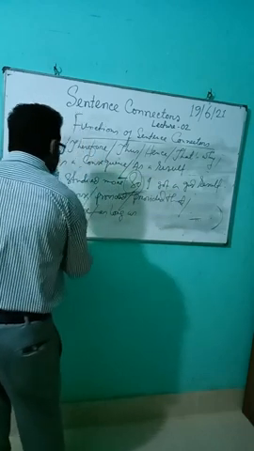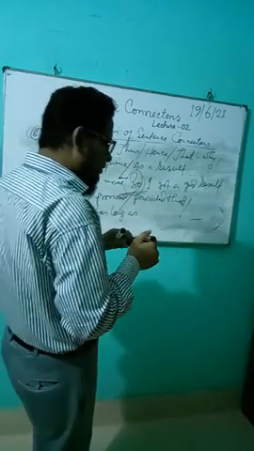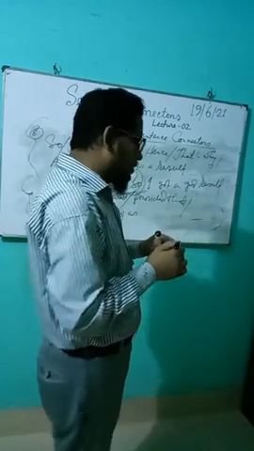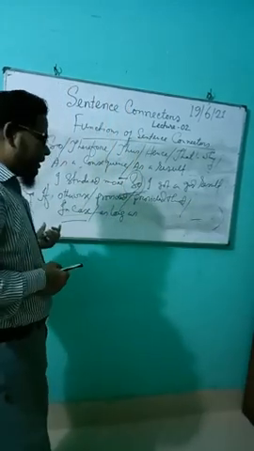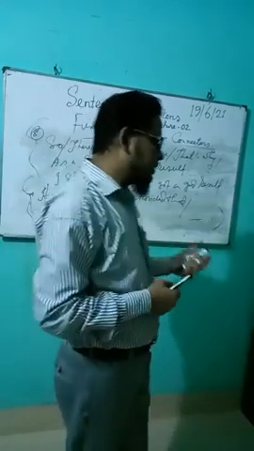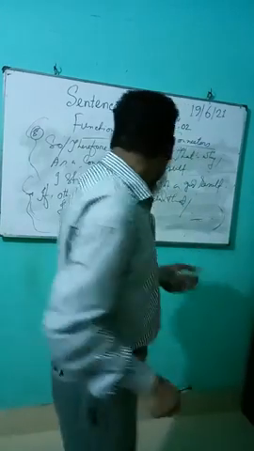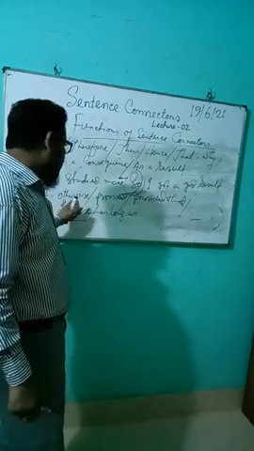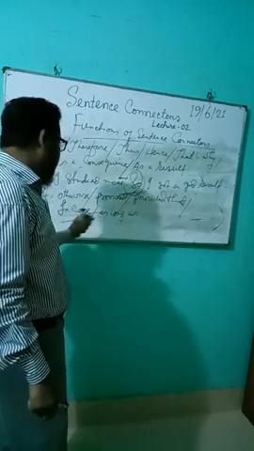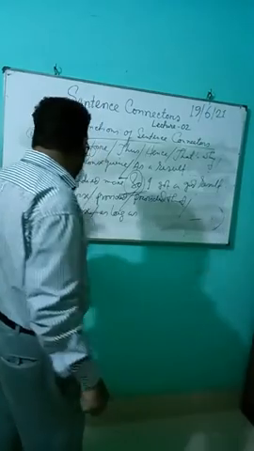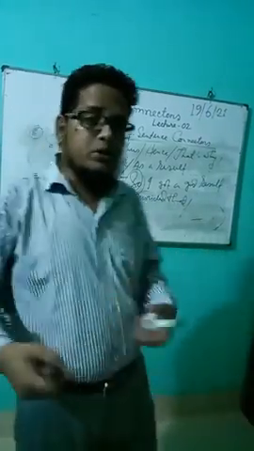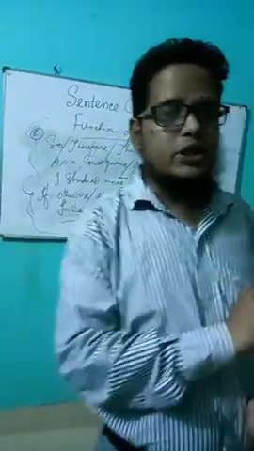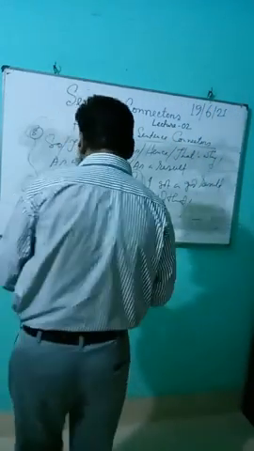Okay, these are the connectors that put condition. Actually, there are some connectors which are used to put condition. And these are if, otherwise, provided that, in case, as long as. So by using this connector, we can put condition, such as, have a look.